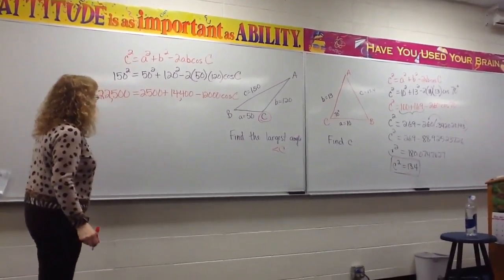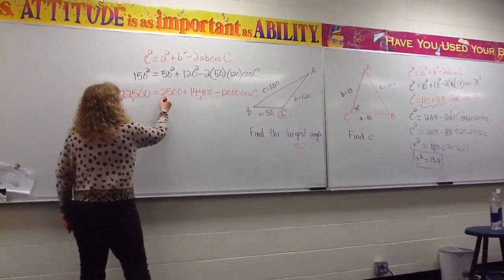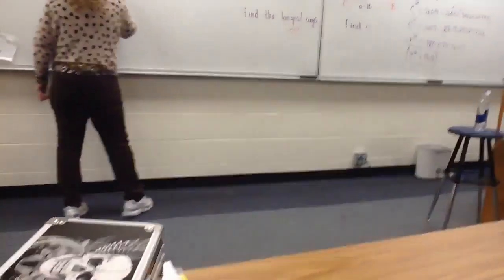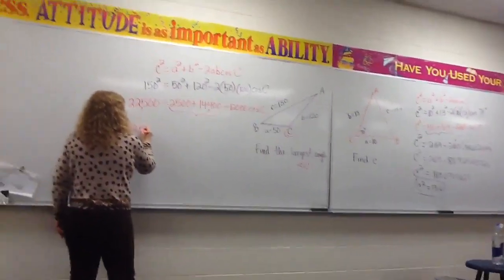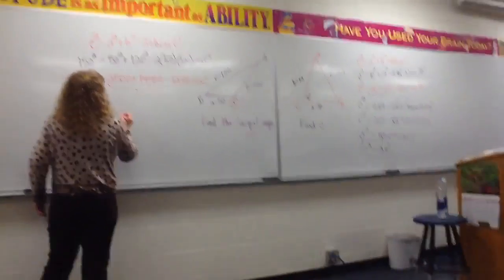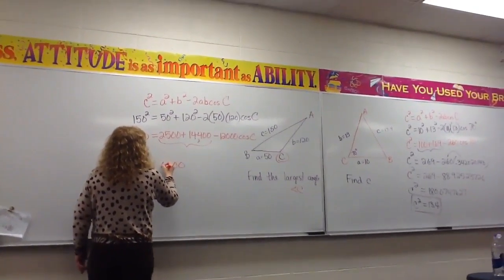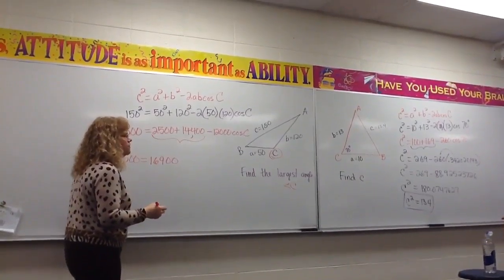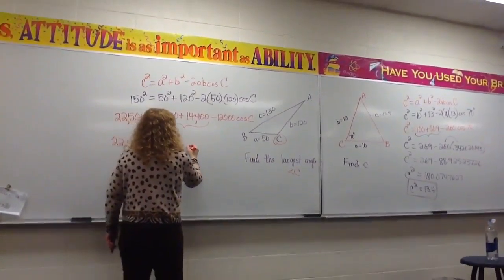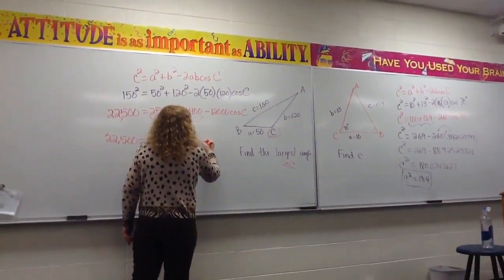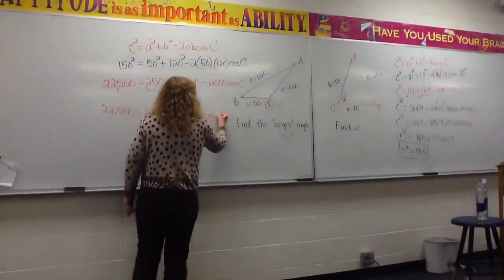Right? Now what will I do? I think I'm going to combine the like terms right there. 22,500 equals 16,900 minus 12,000 cosine of C. Is that what you get if you combine those?